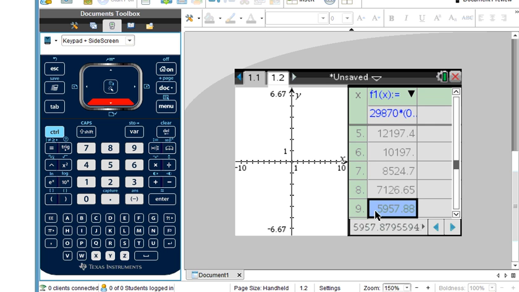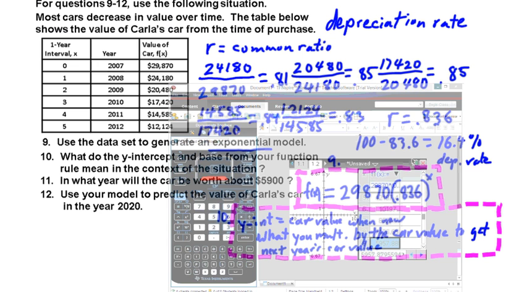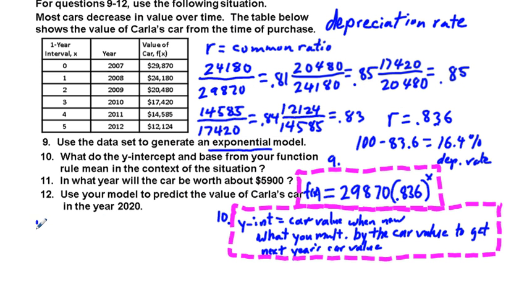So the way this is set up is it's going to be 9 years after 2007. So we say problem 11. So 2007 plus 9 is going to be about the year 2016. And it's going to be our answer to number 11.